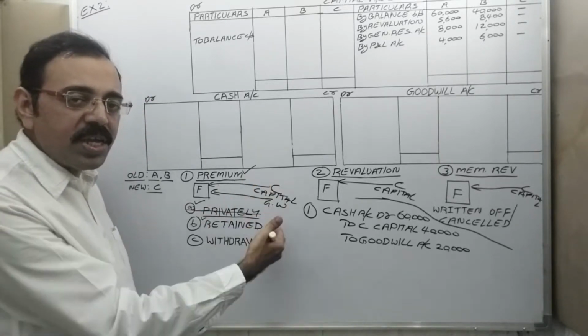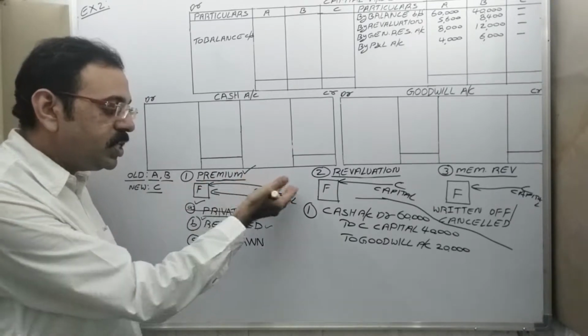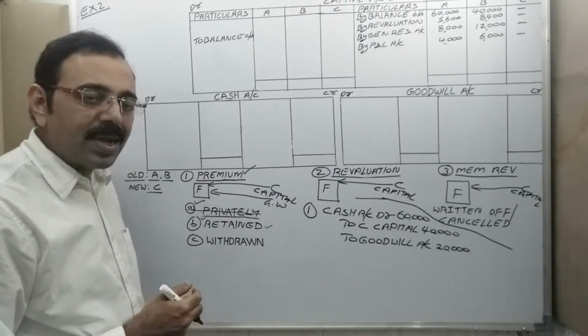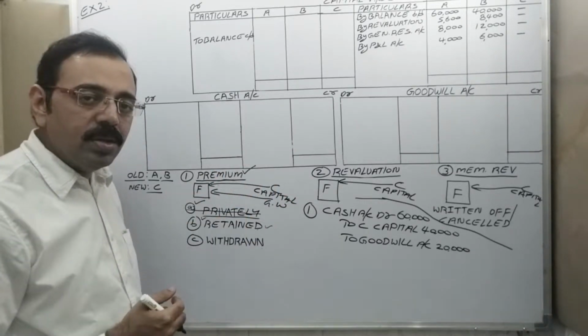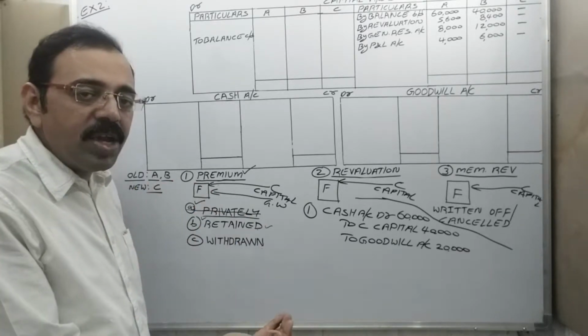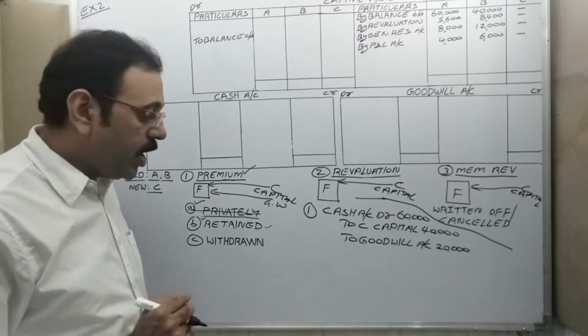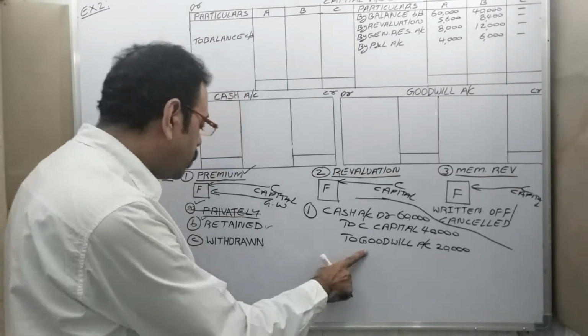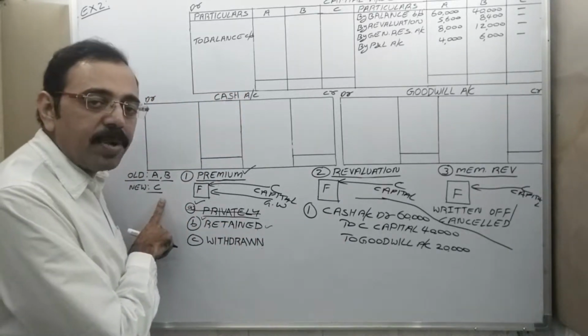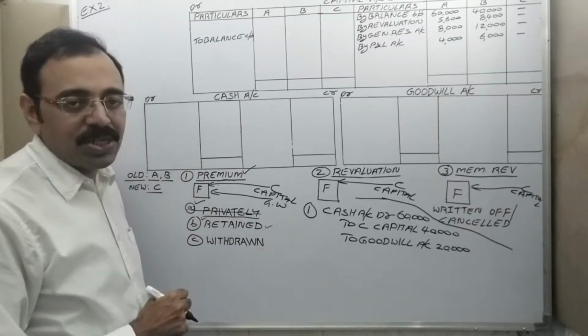For that sacrifice, they expect some compensation from the new partner. That compensation money is called goodwill. In which ratio they are sacrificing, in that ratio only they should take the goodwill. That is why this goodwill amount we should transfer to old partners' capital accounts in sacrificing ratio.